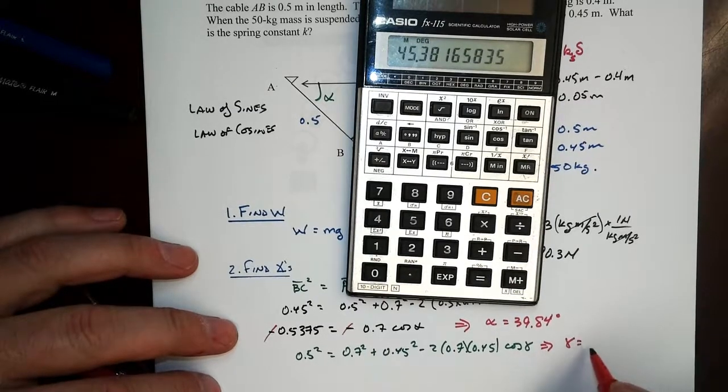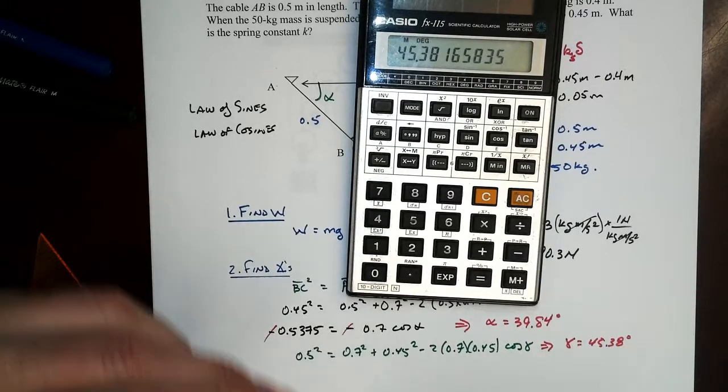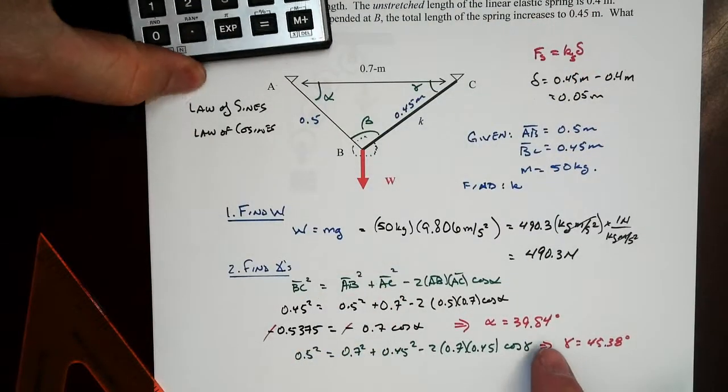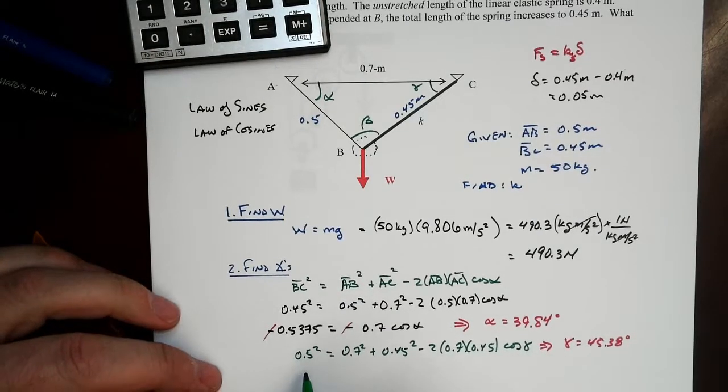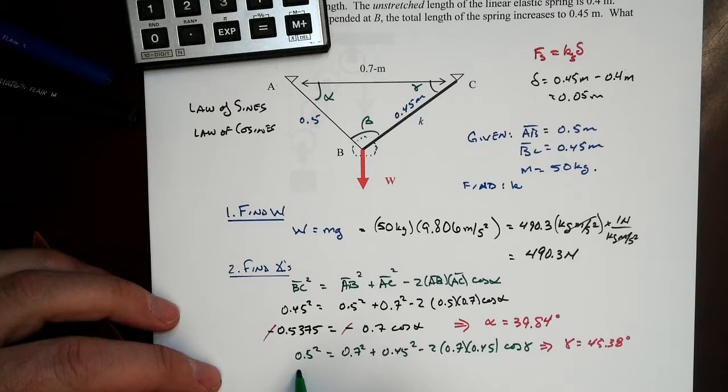Gamma equals 45.38 degrees. And I'm going to do this one more time, and rather than adding them up to 180 yet, because I'd like to see if I've independently come up with the equations, we're now going to get 0.7 squared equals 0.5 squared plus 0.45 squared minus 2 times 0.5 times 0.45 times cosine beta.